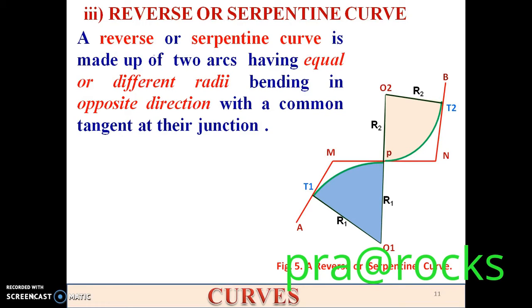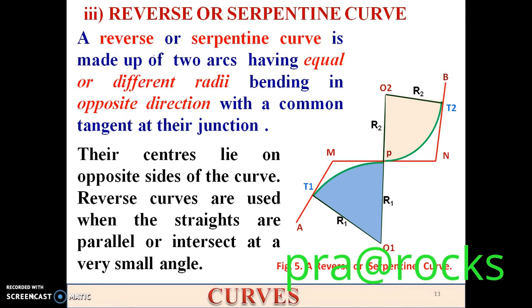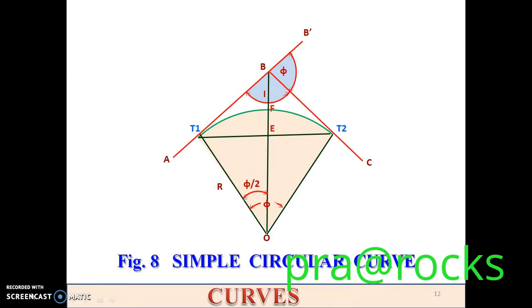See in the figure, MN is the common tangent, and you can see the centers of both the curves, O1 as well as O2, are lying on opposite sides of MN, the common tangent. Reverse curves are used when straights are parallel or intersect at a very small angle. These are the cases where the reverse curves are provided. Now, we can explain the simple circular curve in detail.